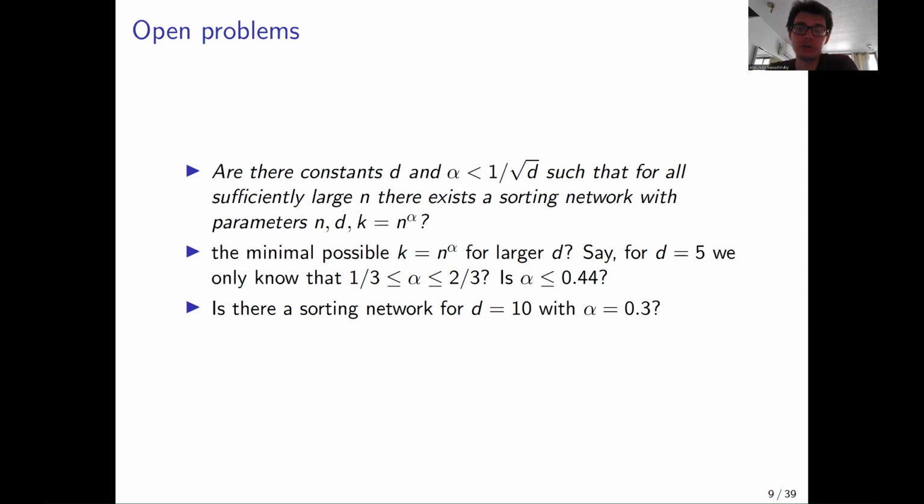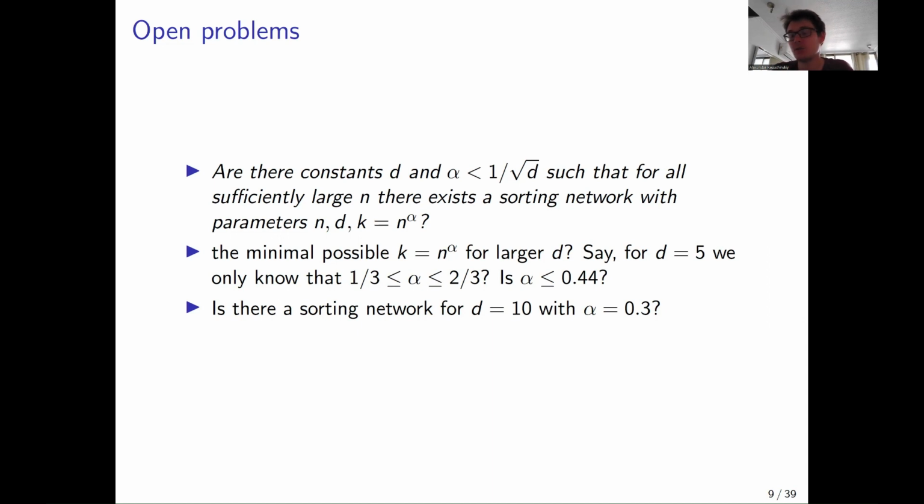And also a separate question is whether you can achieve alpha at most, say, 0.44. Why this number? Just because 1 divided by square root of 5 is something like 0.44. If you have 0.44, then you will obtain something better than log squared n after recursion.